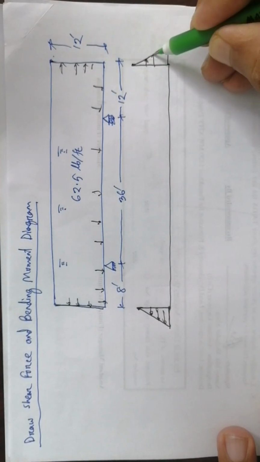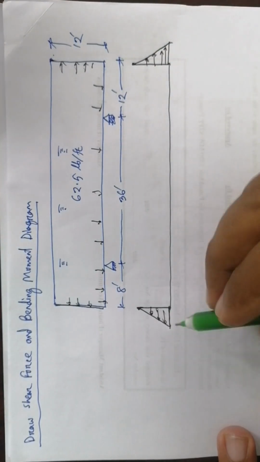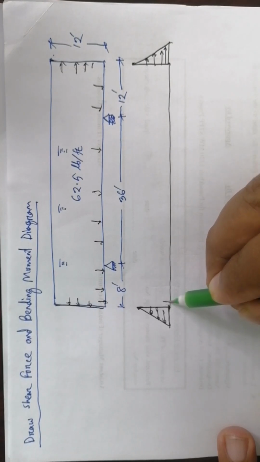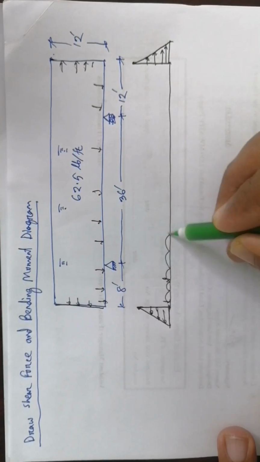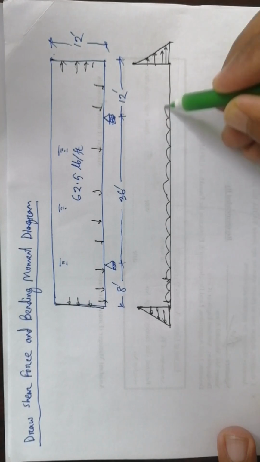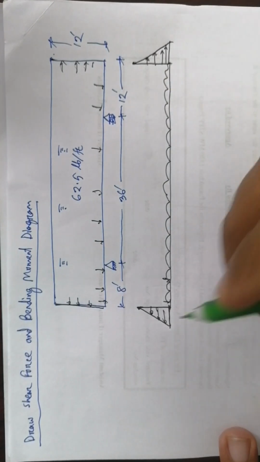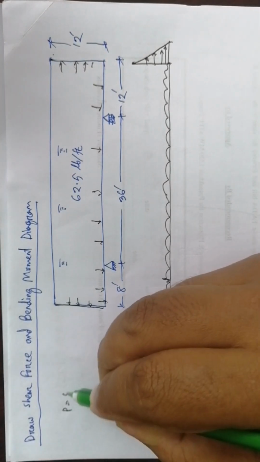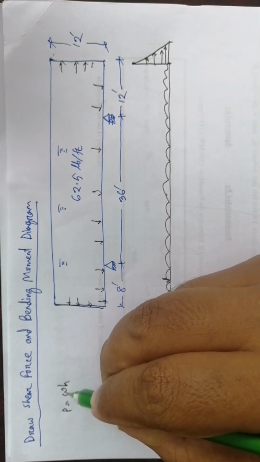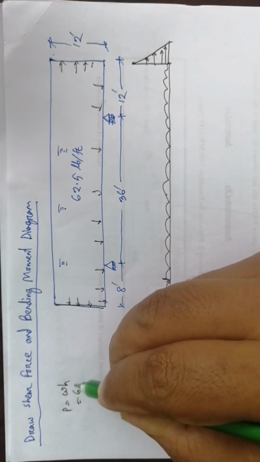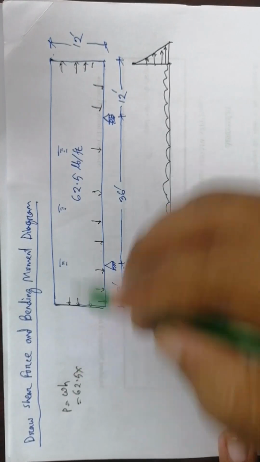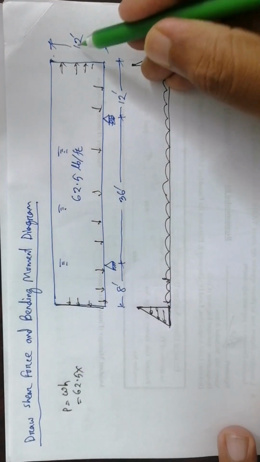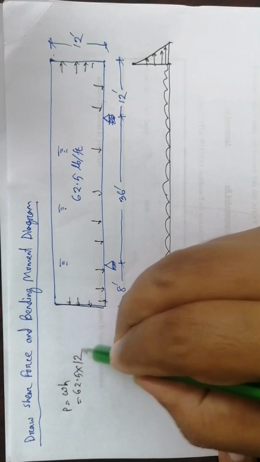So this is the stress diagram, this is also a stress diagram, and here is the distributed load. The stress here is omega h. Omega means the unit weight of water, 62.5, into the height. H means the height of water.